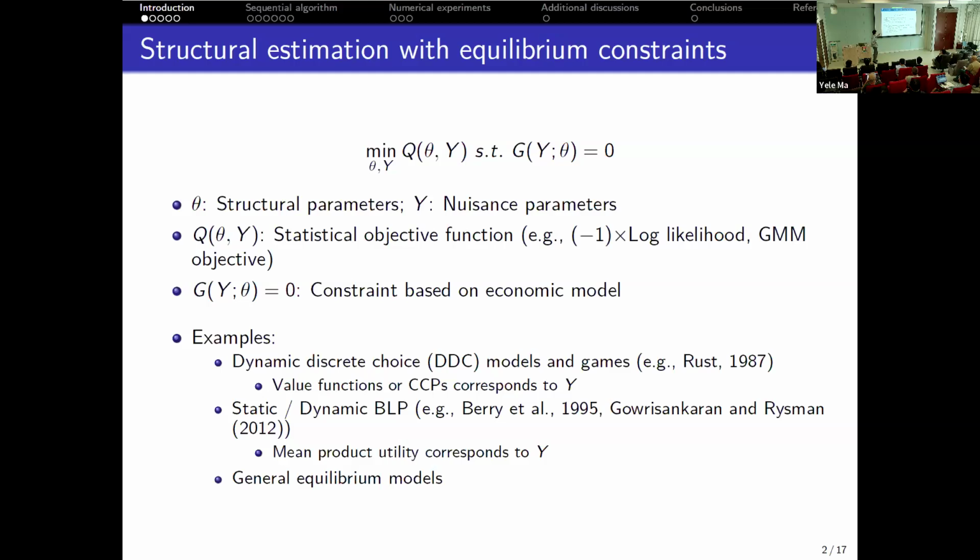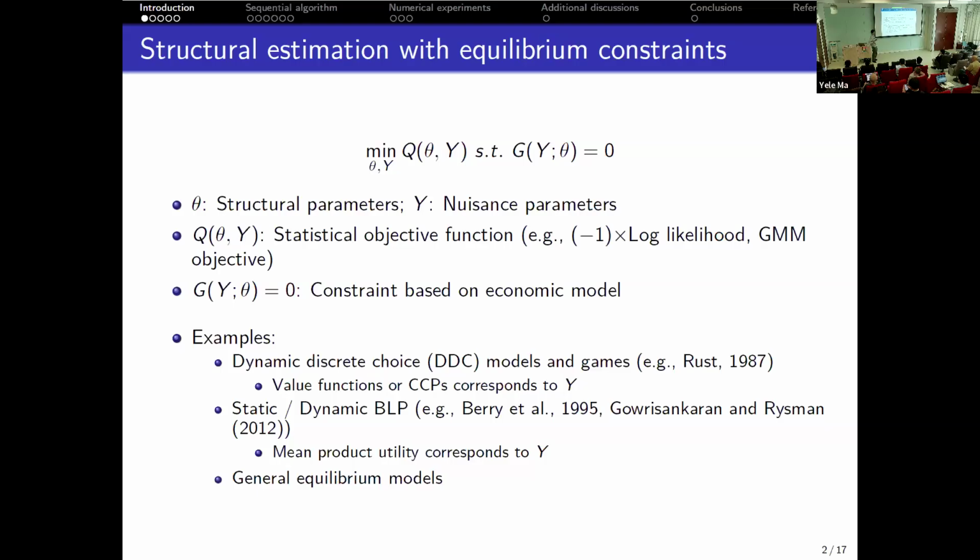In this problem, Q(theta, y) represents a statistical objective function, such as -1 times the likelihood or the GMM objective. And g(y, theta) equals 0 corresponds to the constraint based on an economic model.